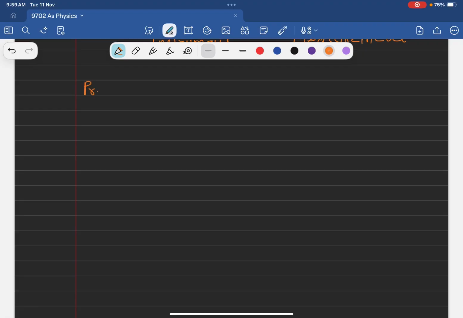So precision in terms of instrument. See, any instrument can measure readings precisely, but it has some limit.